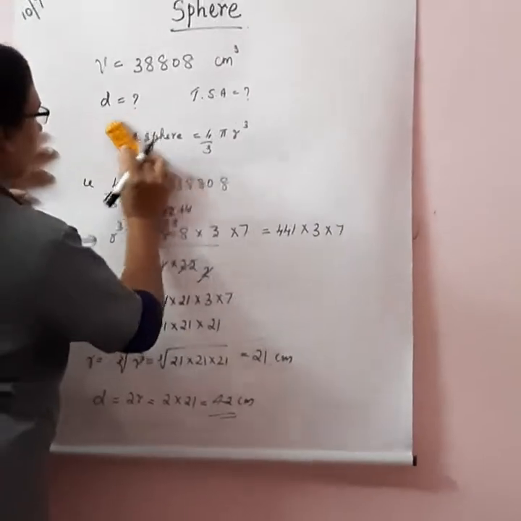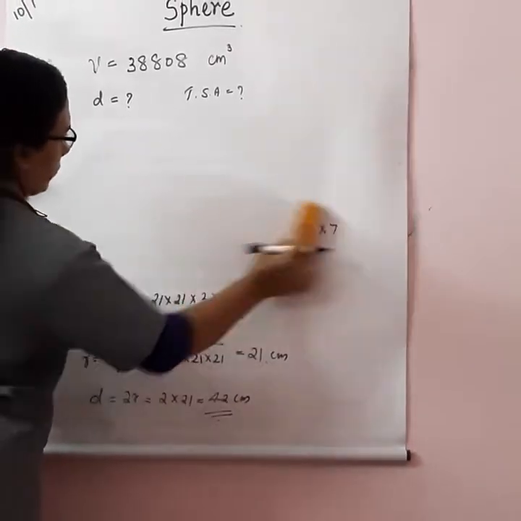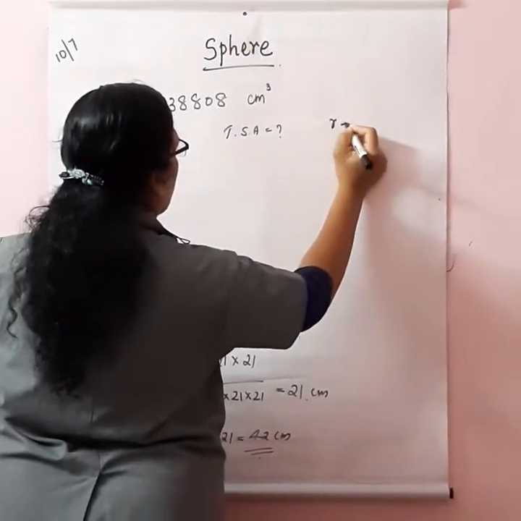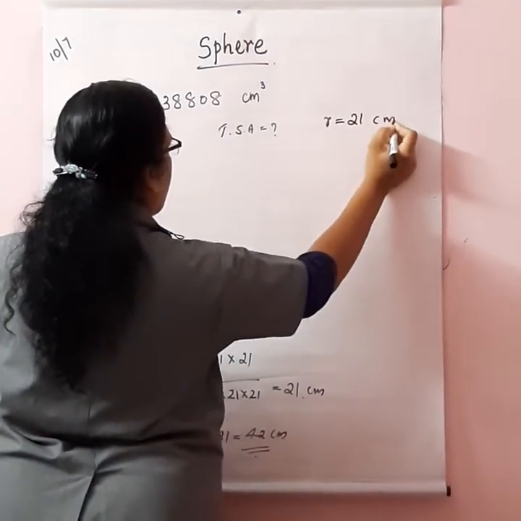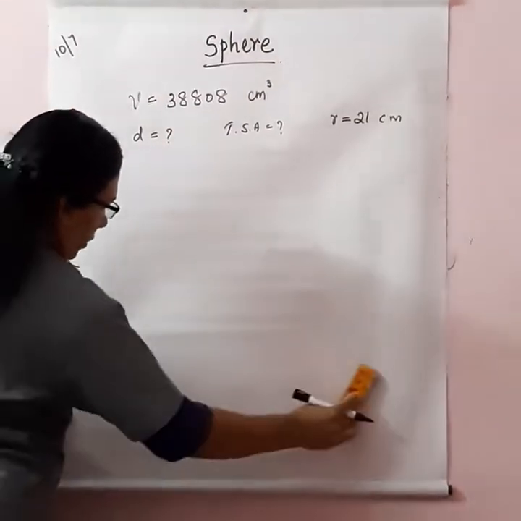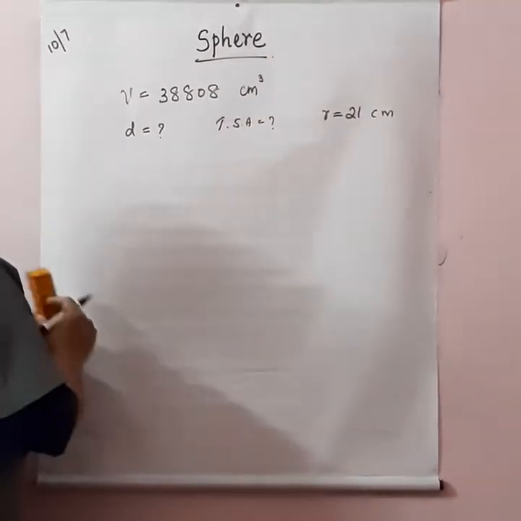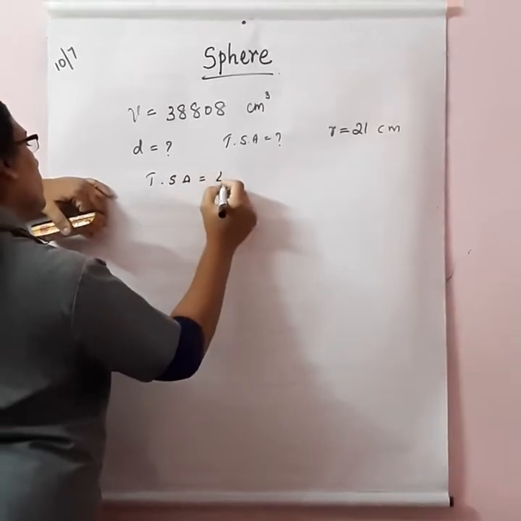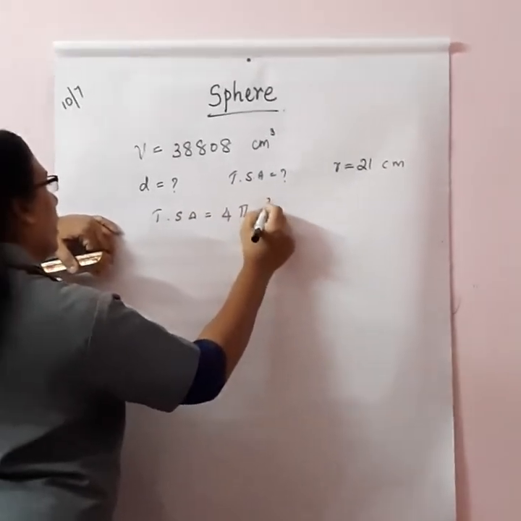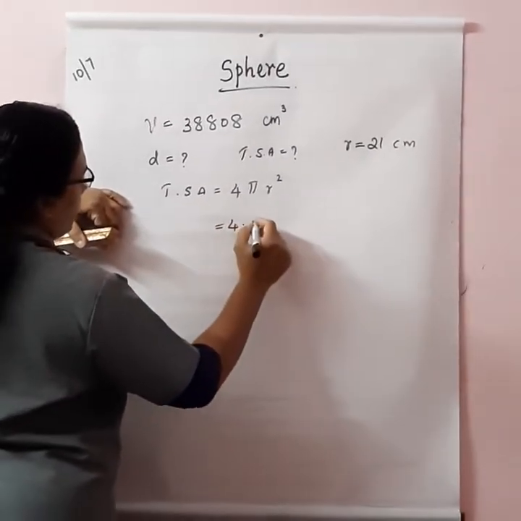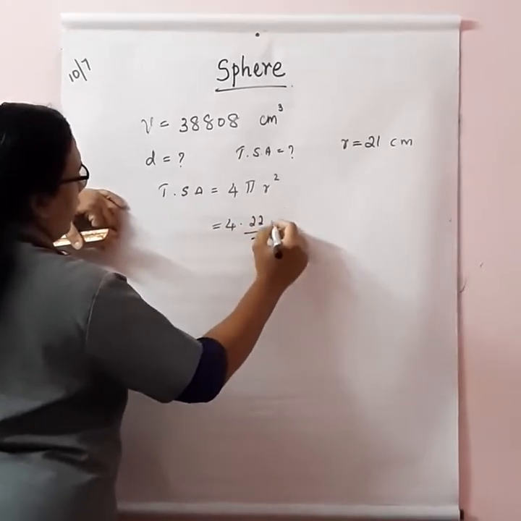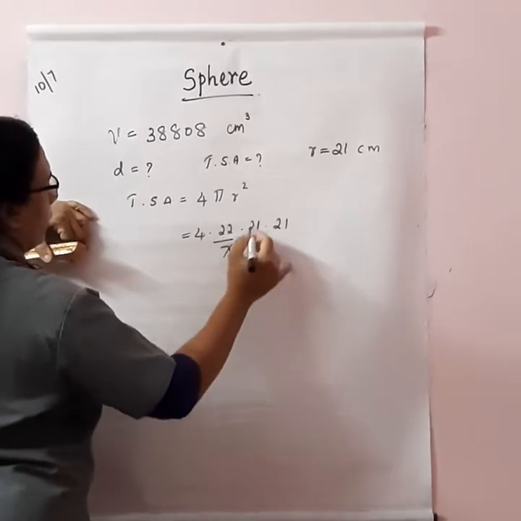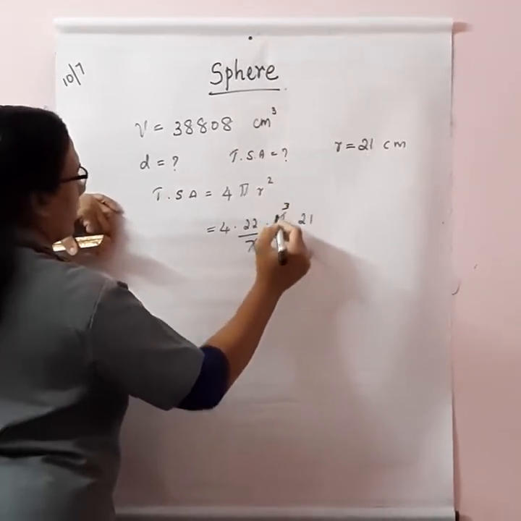Now what is the total surface area? So you got r is equal to 21 centimeter. Let it be there. Now what you are asked to find out? Total surface area. Total surface area of the sphere is 4 pi r square. It is 4 into pi, which is 22 by 7, into r square, which means 21 into 21. 3 will go here, 7 will go here 3 times.